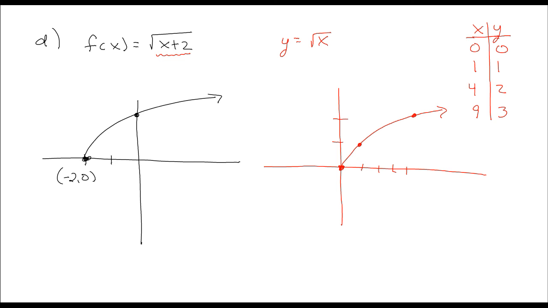And now I'm just looking for the y-intercept, which is going to happen when x is 0. So f of 0, when I plug in 0, is just going to get me root 2. So there's my y-intercept.